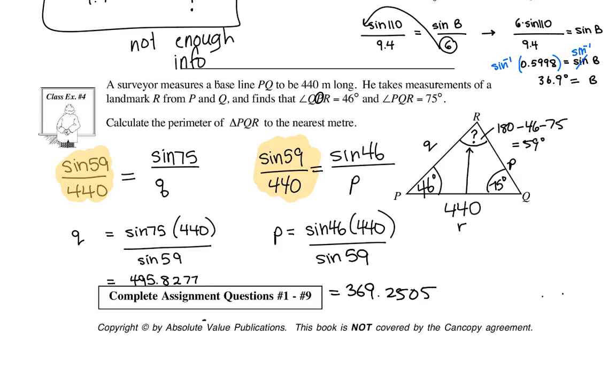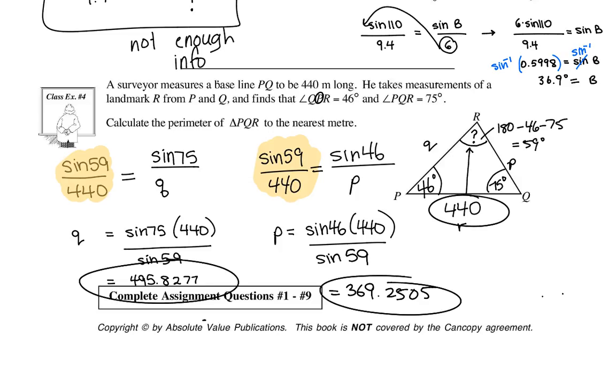And adding up all the sides, that's what you have to do. Add up all the sides, including the 440, for the total perimeter. I'm getting like 1305. And it says nearest meter, so now I'll do what you're saying. Just no decimals. Nearest meter, 1305.